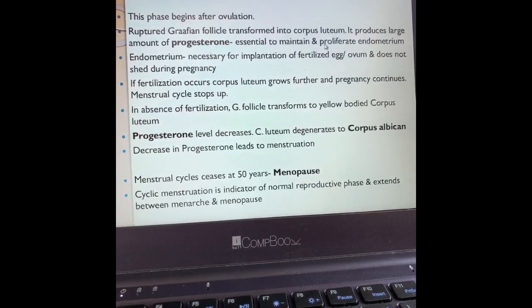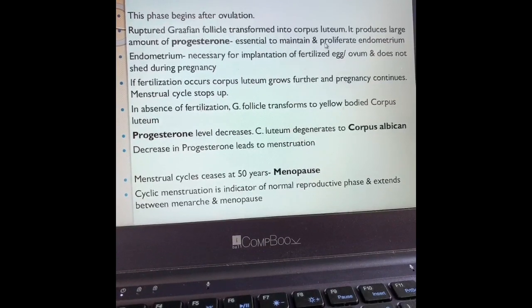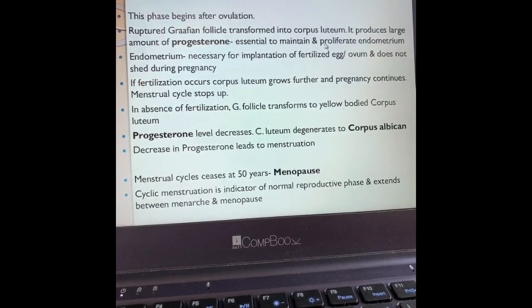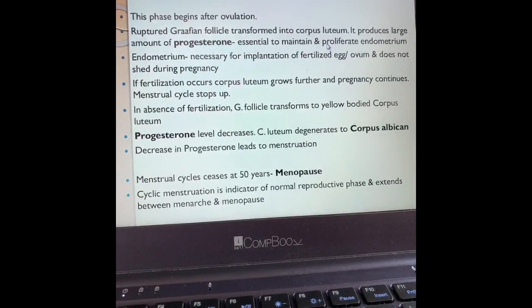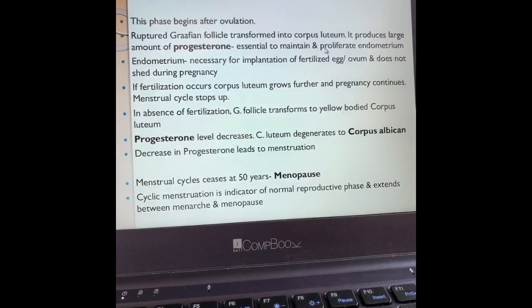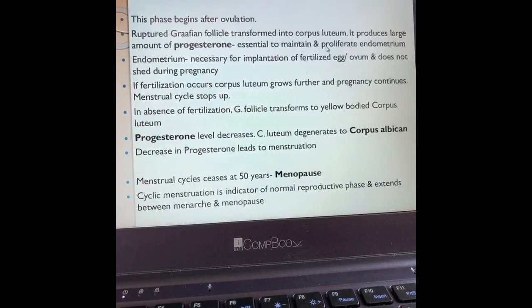If the ovum has not got fertilized, the corpus luteum degenerates. As a result, the progesterone levels decrease, and due to the decrease of the progesterone levels, the endometrium also degenerates and there is shedding of blood and the cycle is repeated.